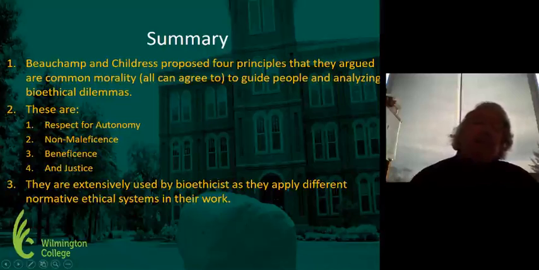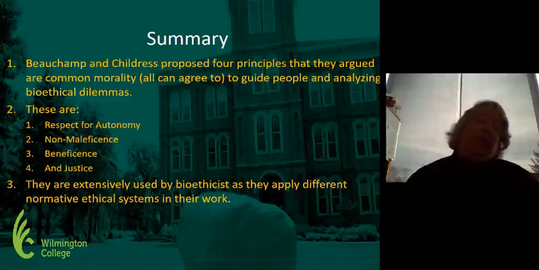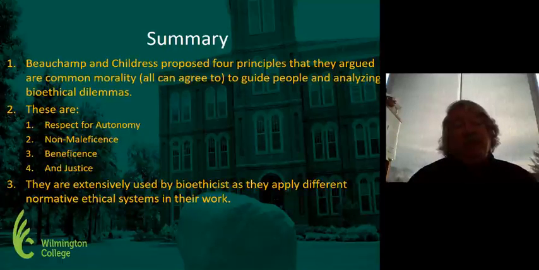So in summary, Beauchamp and Childress proposed 4 principles that they argued all people seem to agree are principles of moral behavior. That is, that they are a common morality that we can use to guide us as we start to analyze bioethical dilemmas. These 4 principles are respect for autonomy, non-malfeasance, benefits, and justice.